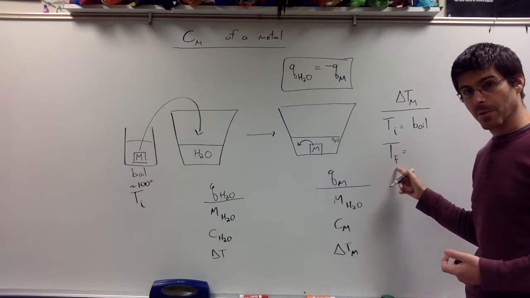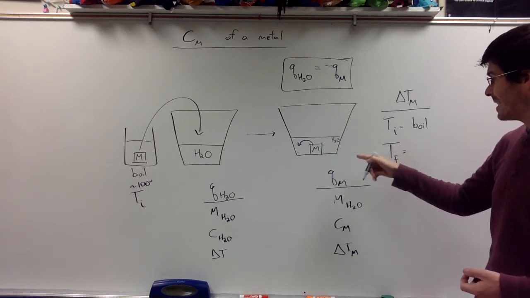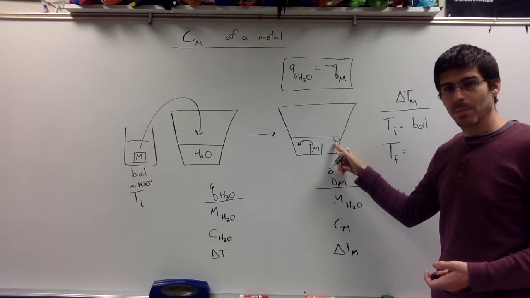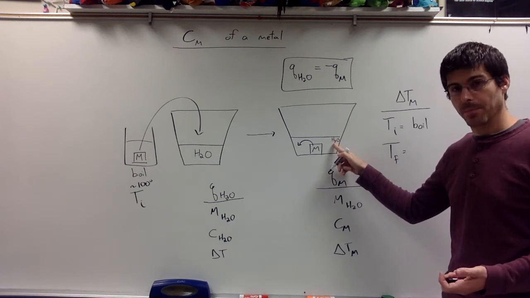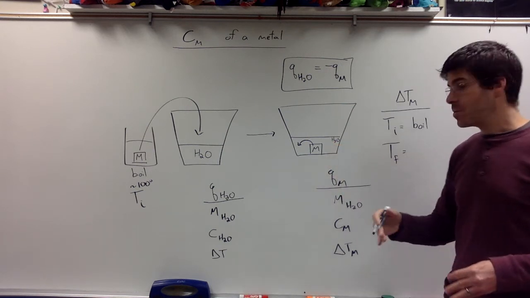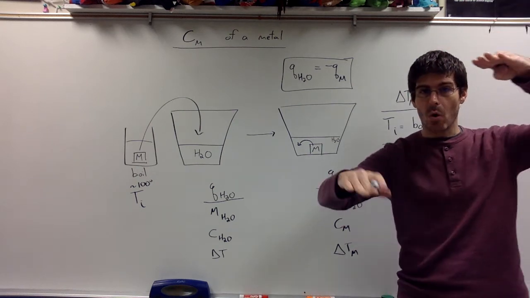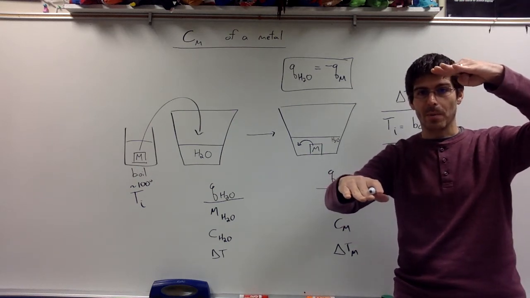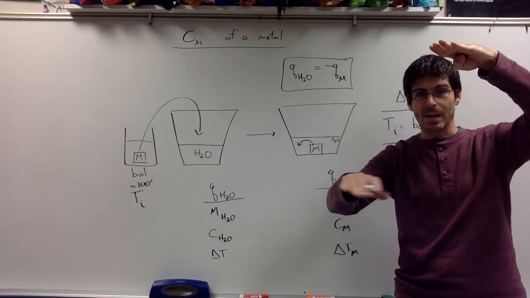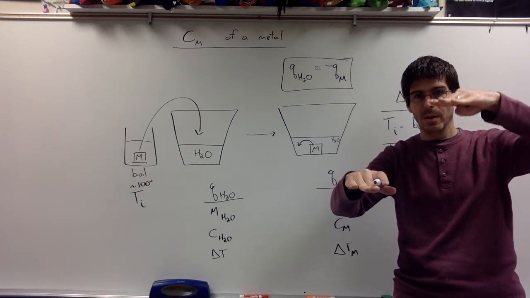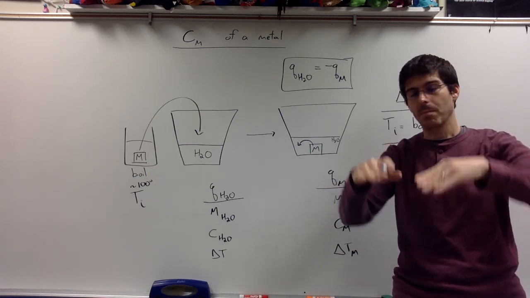What's the final temperature of the metal? Well, it's actually the same as the final temperature of the water in your calorimeter, because if you put the hot metal in the cold water in your calorimeter, the metal is going to give heat to the water until you get to the same final temperature.